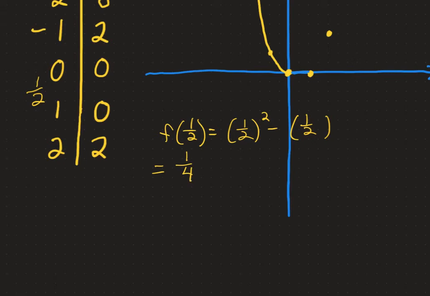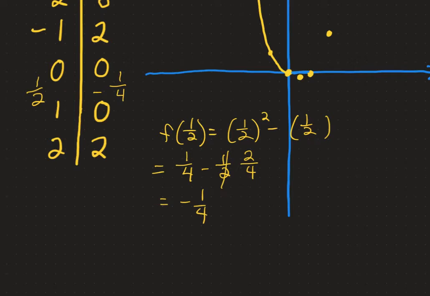Okay, 1/2 squared is 1/4 minus 1/2. Well, I can rewrite 1/2 as 2/4. So I get -1/4. If I put in the independent value of 1/2 for x, I get out -1/4. And here is my point.